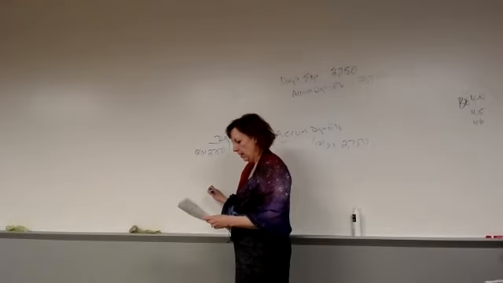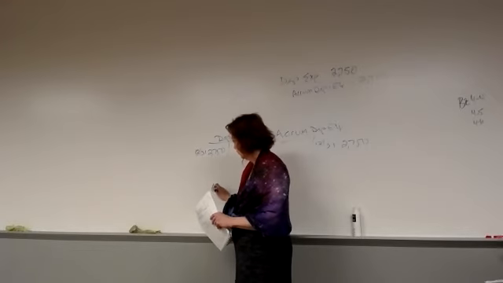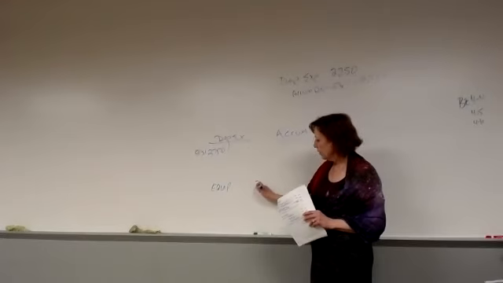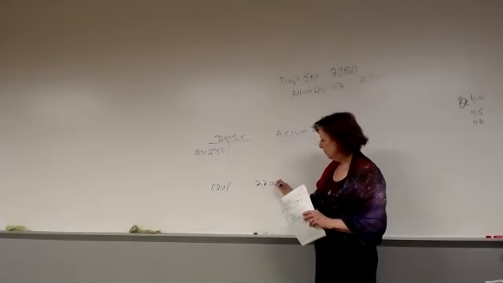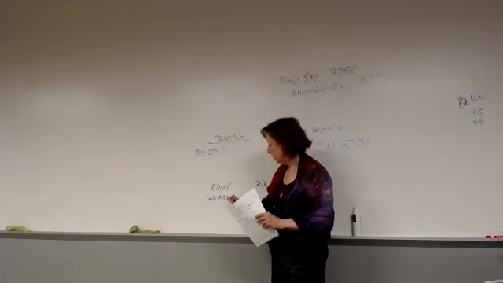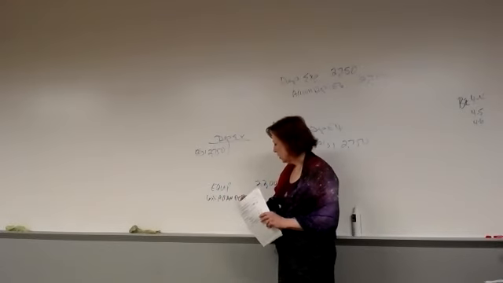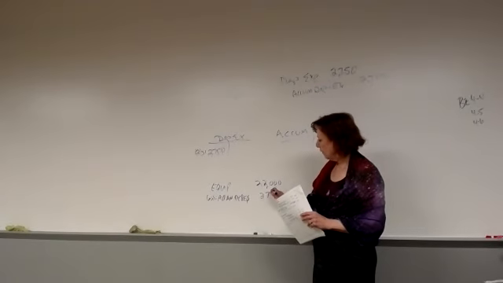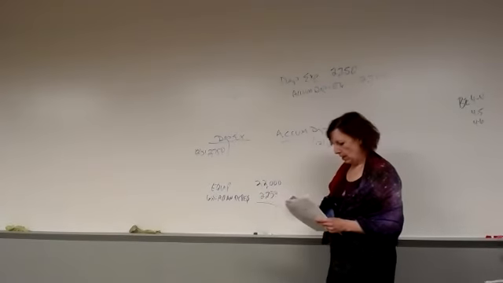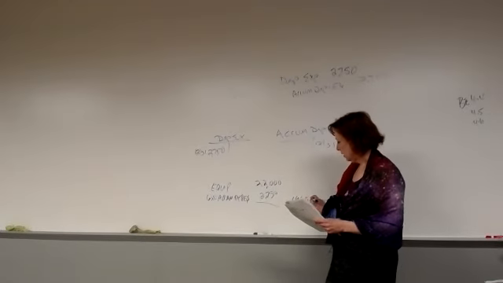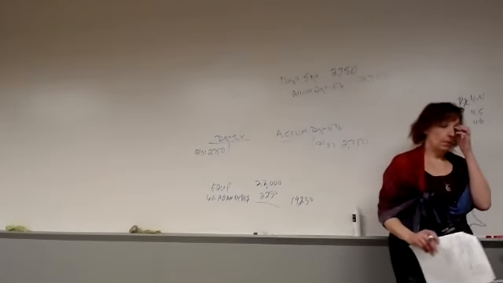So we would have equipment, and we paid 22,000. And then we would have less accumulated depreciation equipment, 2,750. And that would mean the book value was 19,250 for that equipment, for that asset.